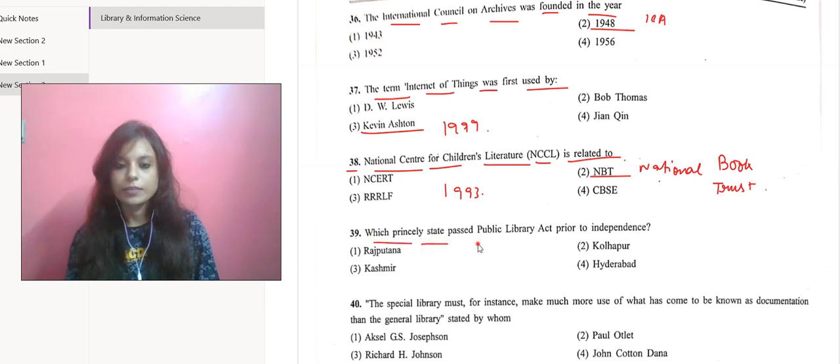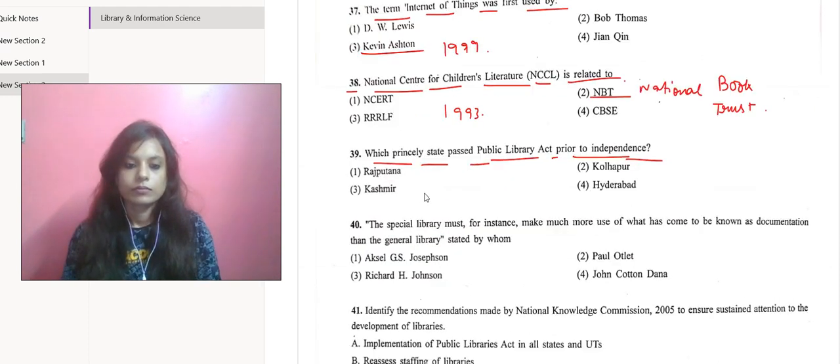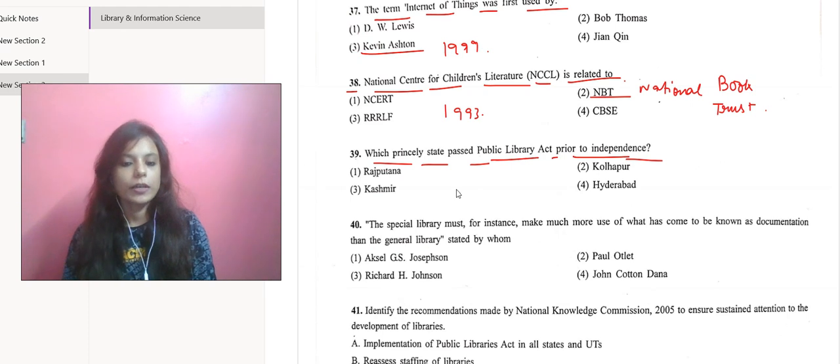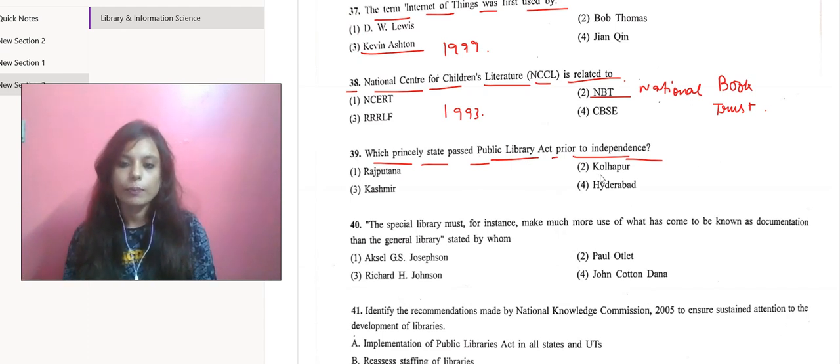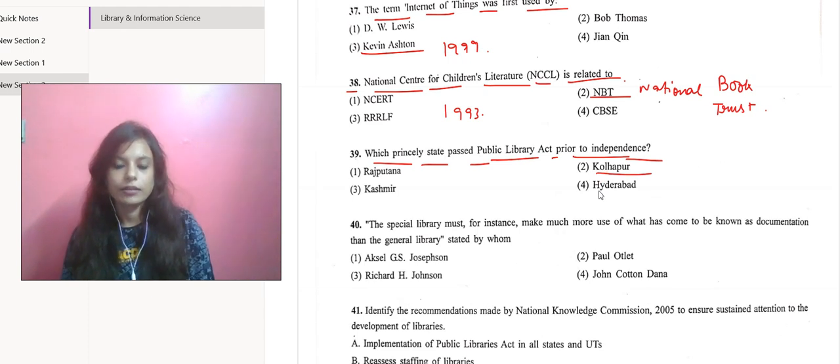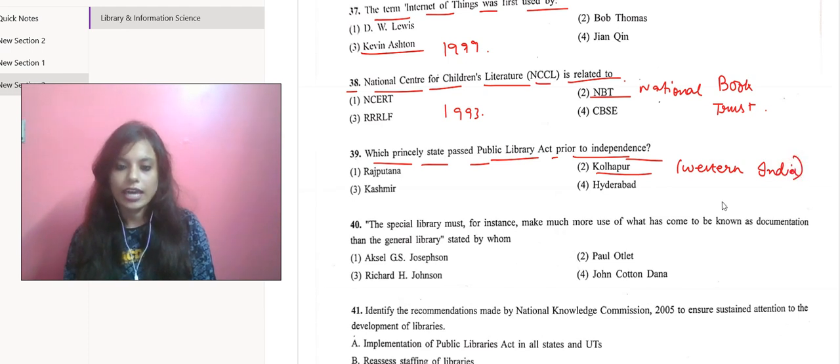Which princely state passed the Public Library Act prior to independence? Prior means before independence. So, before independence, the Kolhapur princely state in the western part of India passed the Libraries Act in 1945.